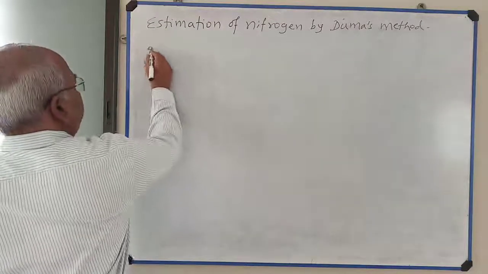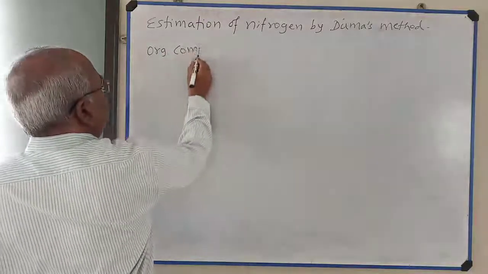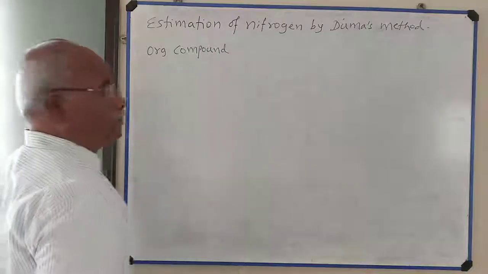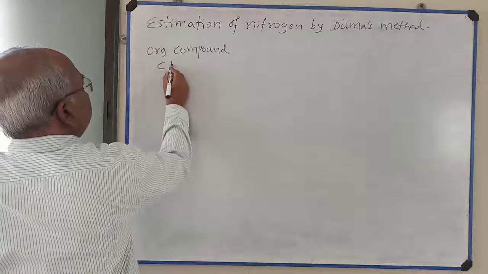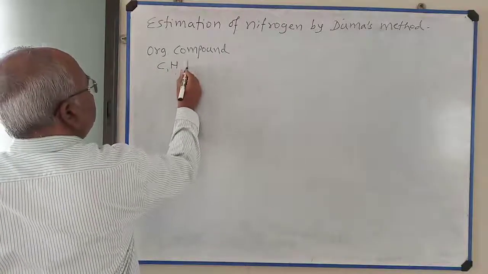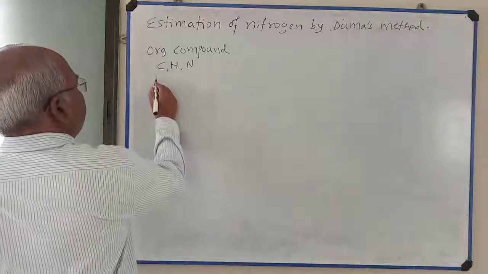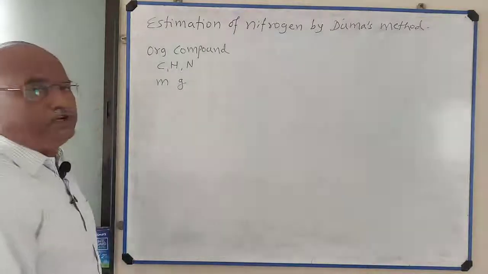Suppose we have taken m gram of organic compound containing nitrogen, carbon, hydrogen. m gram is the mass of the organic compound.